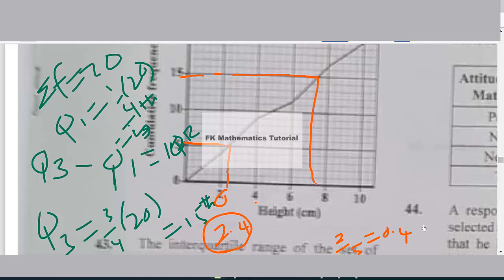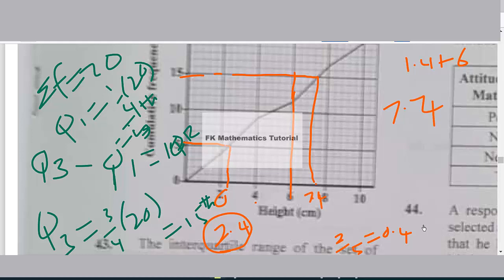So 3 boxes will give us 1, 2, 3, so 1.2. 1.2 plus half of a box, which is half of 0.4. So that will be 1.4 plus this value here, which is 6. So that will be 7.4. So it means this value here is 7.4.